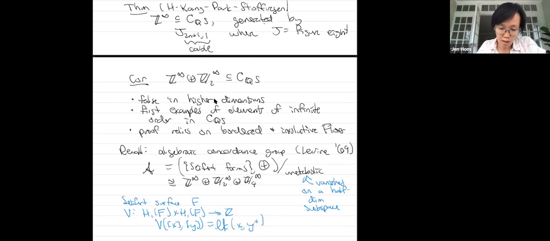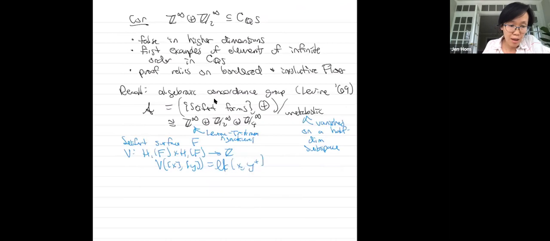Great, and this infinite rank part, you can see using signatures, using Levine-Tristram signatures. Okay, and so you get this surjective homomorphism from the concordance group onto this algebraic concordance group. You just send the class of a knot to the class of its Seifert form.